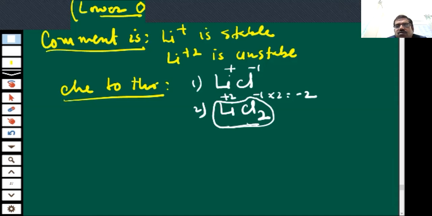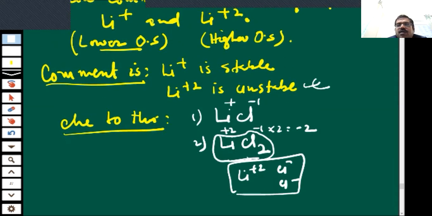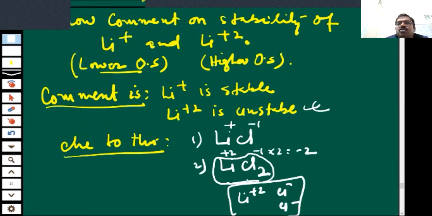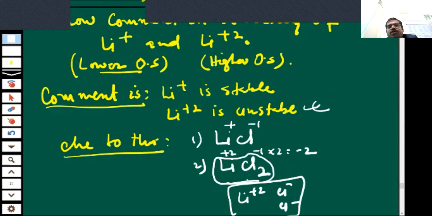One side lithium plus 2 is there, another side Cl minus, Cl minus. But you know that lithium plus 2 cannot be formed. Here you are commenting. In this way, you have to utilize your brain. Okay, children? In this way, you have to predict.